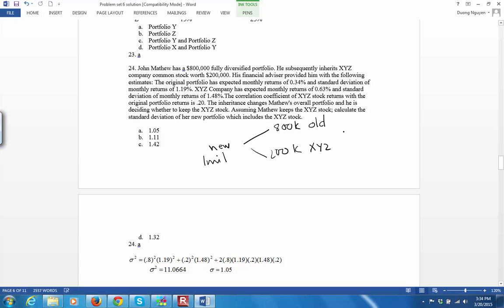So obviously the weight for the old portfolio in the new portfolio is 80%, and 20% would be the weight of stock XYZ.